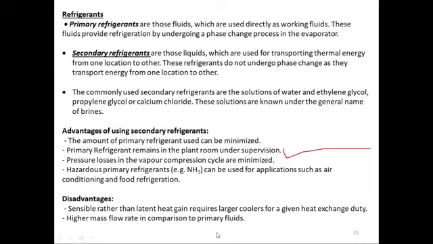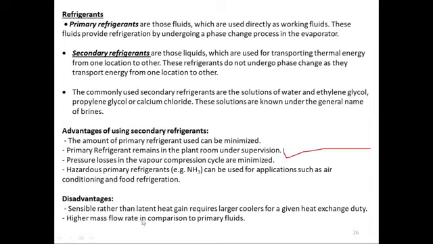It is only getting colder to 7 or 10 degrees centigrade, and then that chilled water is sent around. So it is the sensible heat which is used, and for that you need a larger mass flow rate. That is the disadvantage of the secondary refrigerant, because you have to use a larger amount of it.